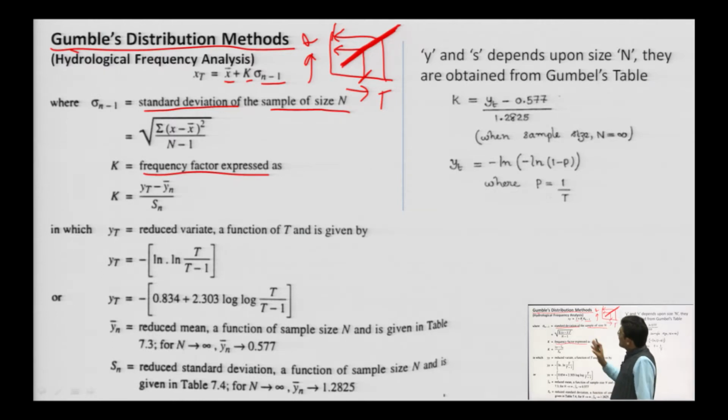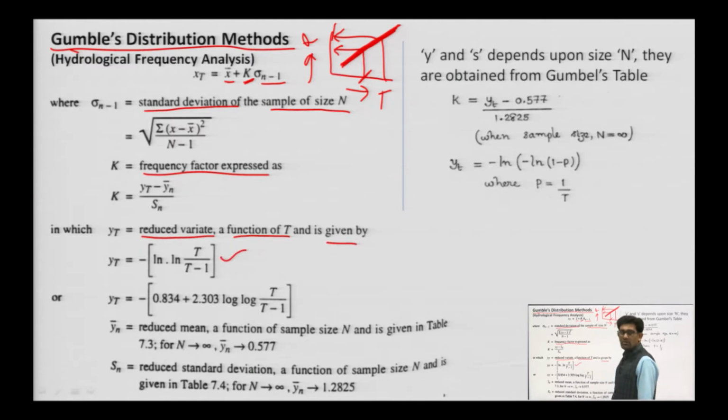In Gumbel's method, he proposed that the value of k, this constant, the frequency factor, is yt minus y bar n divided by S n. And what is yt? yt is the reduced variate, a function of t, the occurrence time, and it is given by this relation.